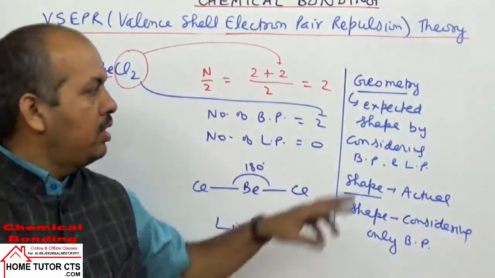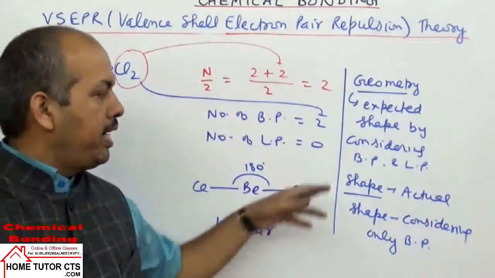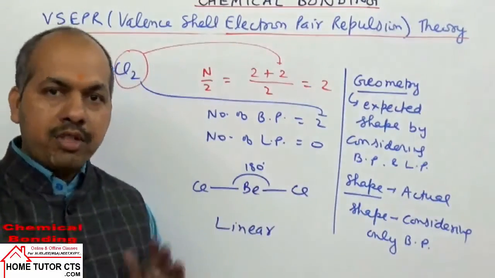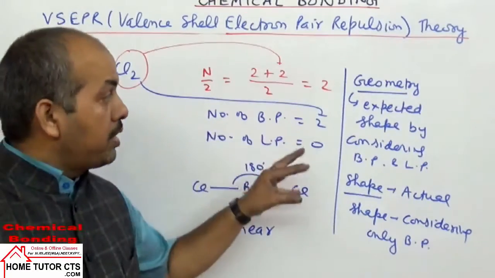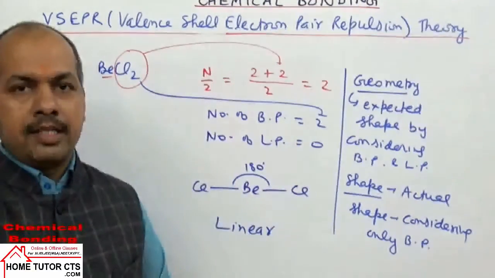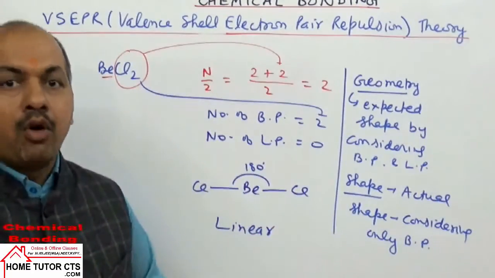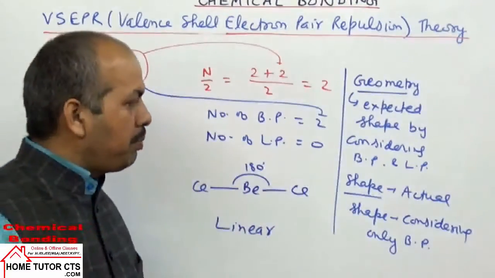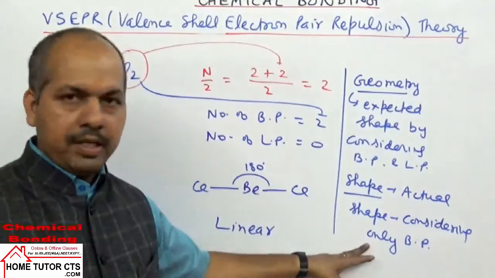But the actual distinction is: in geometry, we consider both lone pairs and bond pairs, and for the actual shape of the molecule we consider only bond pairs. Lone pairs, if present, will only affect bond angles.